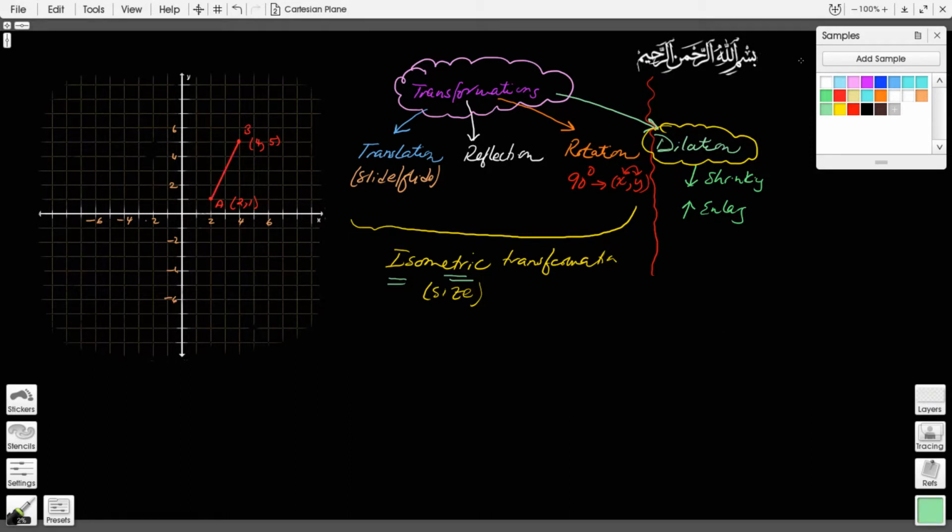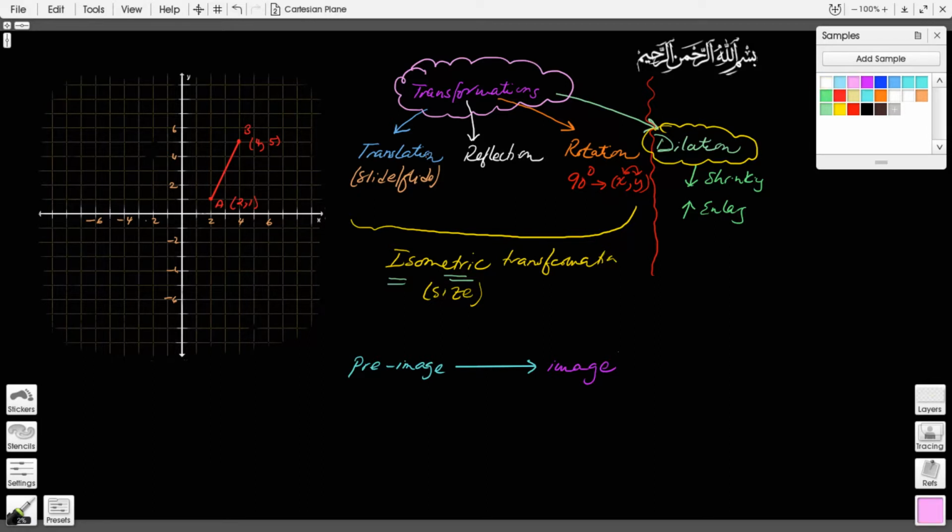Now, you also recall that the original image is called the pre-image, and the resultant image is called simply the image. These are typically labeled with primes, as you recall.